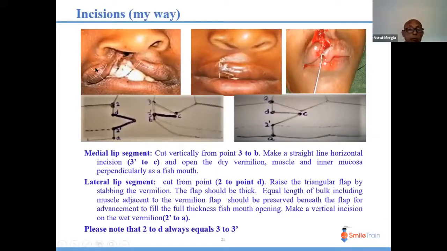So now on the lateral side, let me just describe with you how I decide on the future Cupid's bow peak on the lateral aspect. You know, during our early training, we were really told to measure from the fissure to this normal side peak of Cupid's bow and apply the same measure and decide where to put your mark on the cleft side.